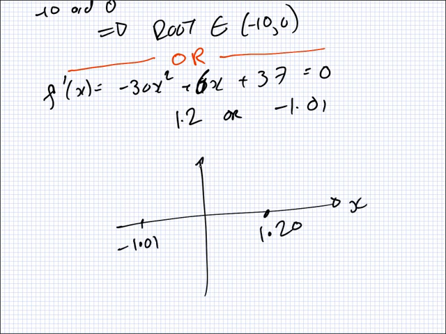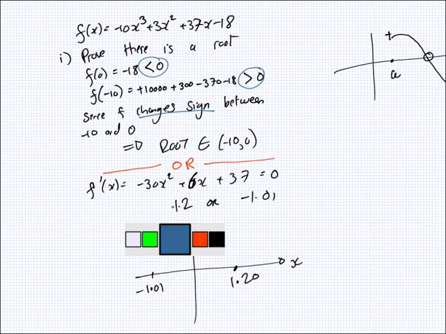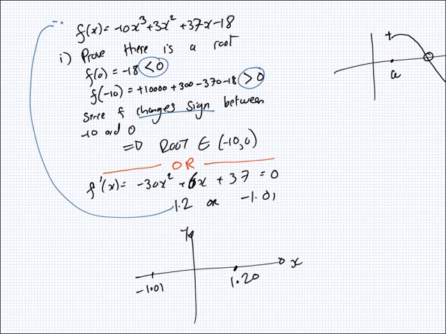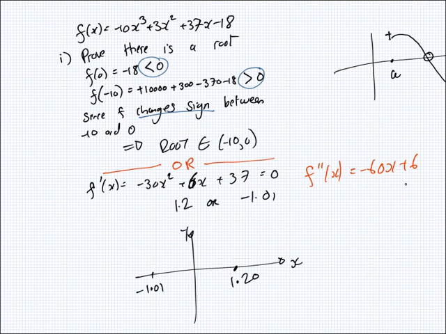That's x, that's y. Now, if you sub 1.2 into this, and sub minus 1.01 into this, well, no, actually, hang on. What we could do is calculate the second derivative. What's that? Minus 60x plus 6. So the second derivative at 1.2 would be negative.